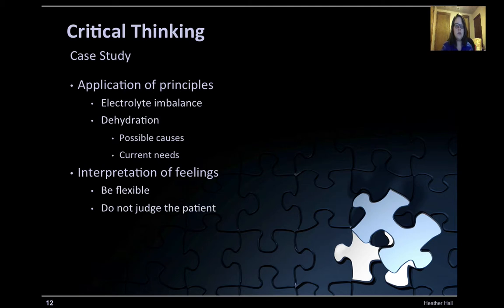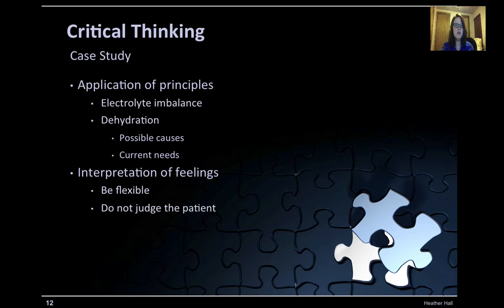So applications of principles, what are the things we're going to be concerned with? With nausea, vomiting, diarrhea, dehydration, we might have electrolyte imbalance. Dehydration, what are the possible causes? And what are the patient's current needs? So interpretation of feelings, we want to be flexible. We don't want to pass judgment on the patient.